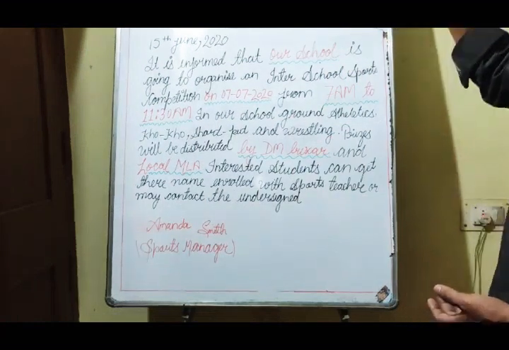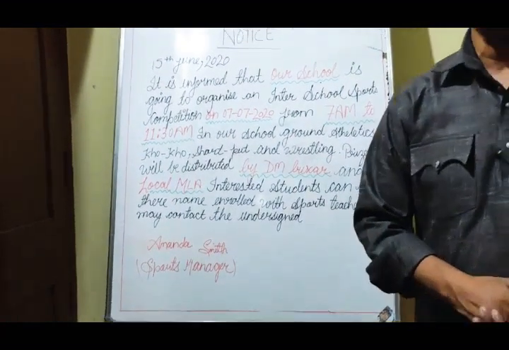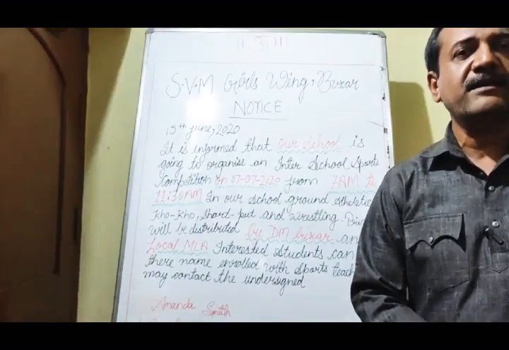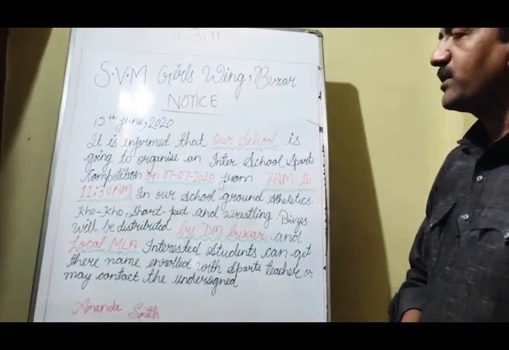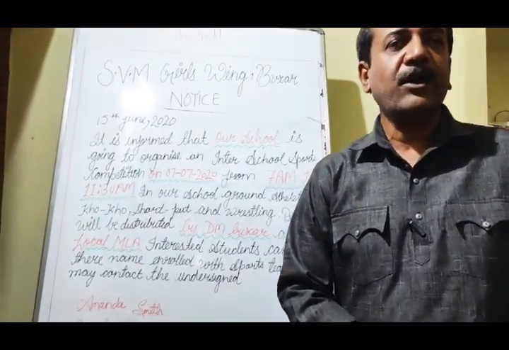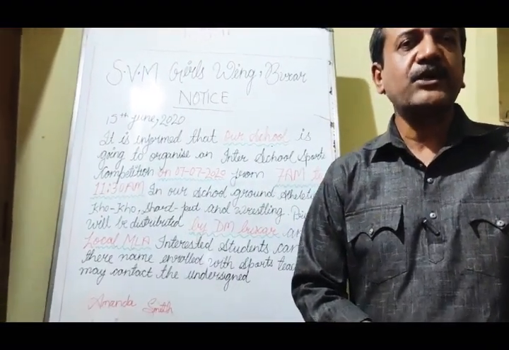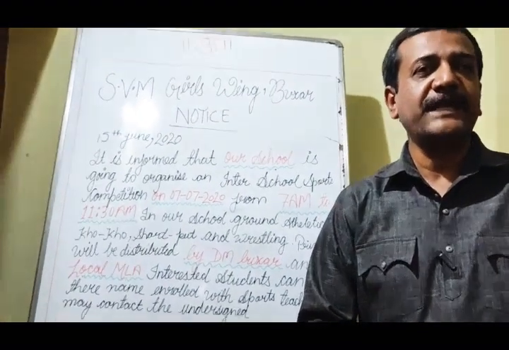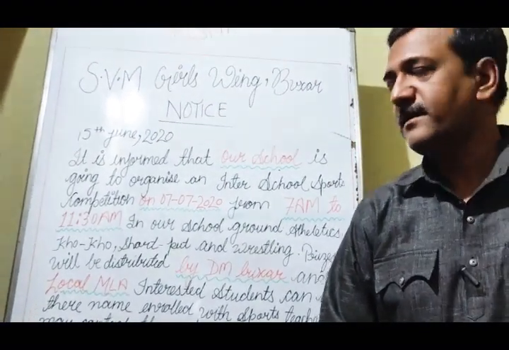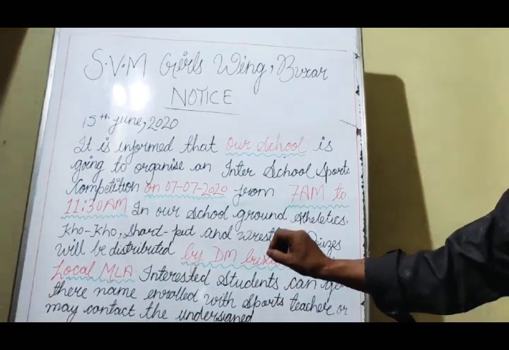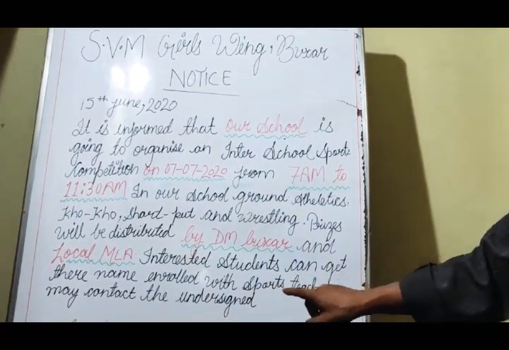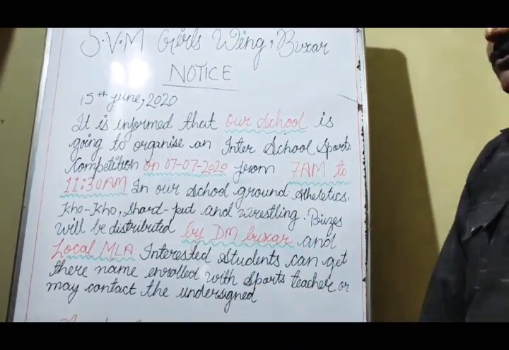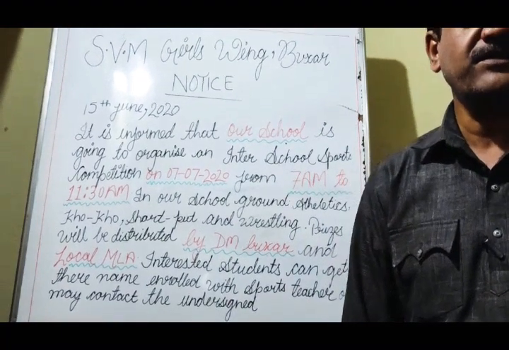Such type of notice can be issued by a branch manager of any bank, or may be issued in some government offices by the CEO, BDOs, or the DM of any district. The signature of the DM will be there, and then in the bracket it will be written district magistrate.